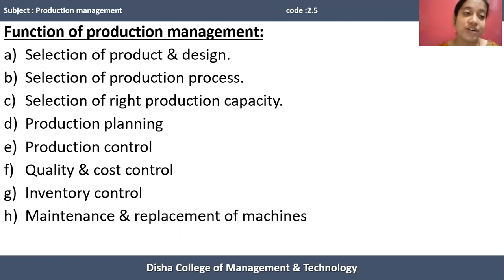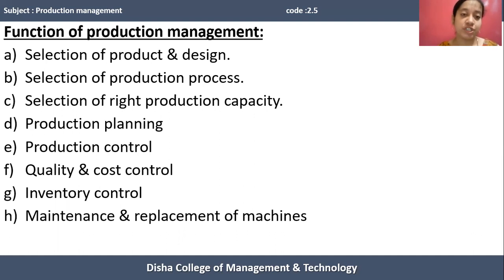So the first function of production management is to decide the product, what type of product the organization is going to produce, and after identifying the product, it is required to draw the design of a particular product, so accordingly the product can be manufactured.